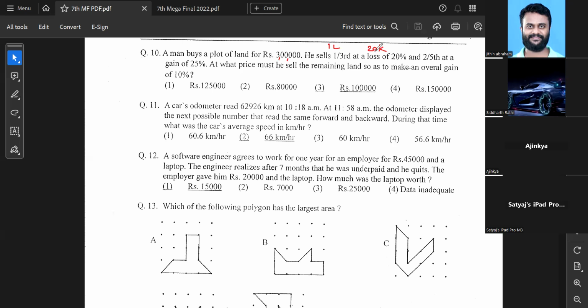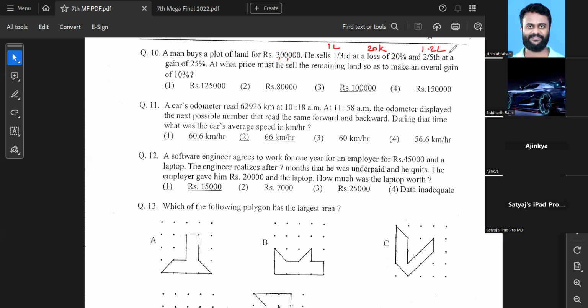And the remaining 2/5 of 3 lakh is how much actually? 2/5 is 1,20,000. 2/5 is 1.2 lakh. He sold this at a gain of 25%.